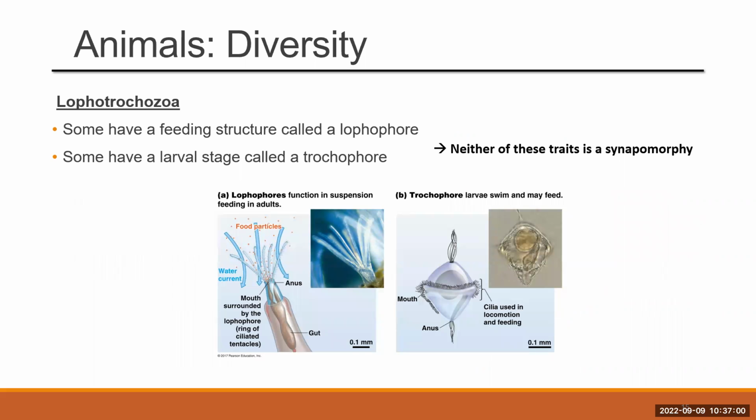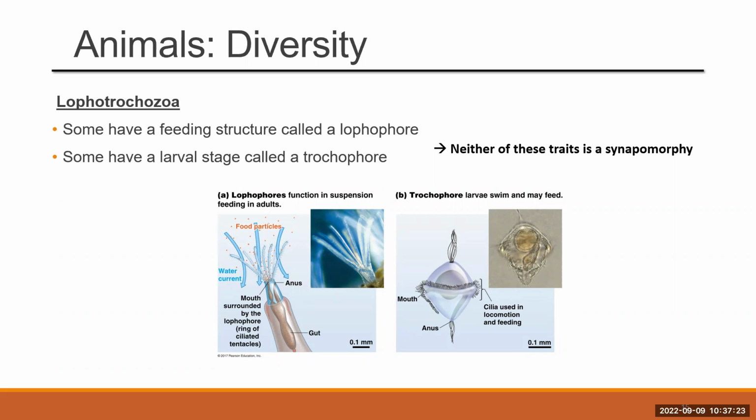So then looking at just the Lophotrochozoans. This really long name comes from the lophophore term and the trochophore term. And then we just kind of mushed them together and put them into one group because genetically, they keep shaking out as being the most closely related to each other.